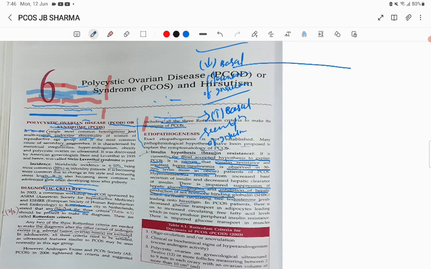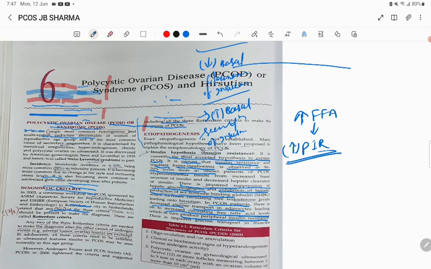That leads to increased free testosterone level in the circulation, which leads to hirsutism. In PCOS patients, there is decreased glucose transport in adipocytes, leading to increased circulating free fatty acid level, which in turn produces peripheral insulin resistance.